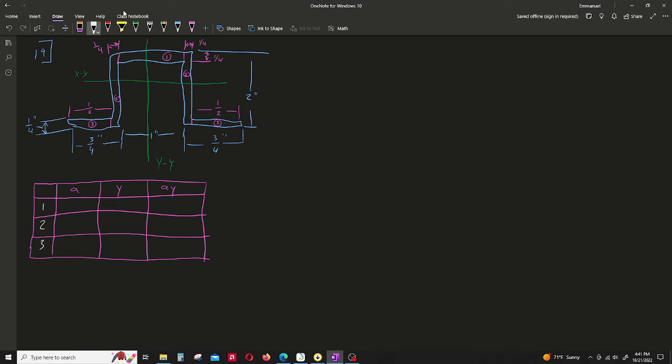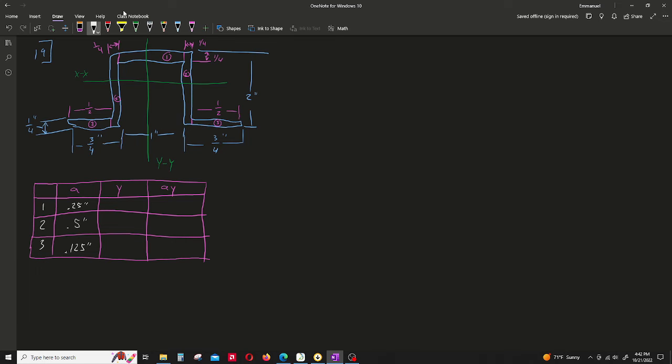The area of the first section is just going to be 1 times 1/4, so 0.25. The area of the second section is 2 times 1/4, so 0.5. Area of the third one is 1/4 times 1/2, which gives us 0.125.